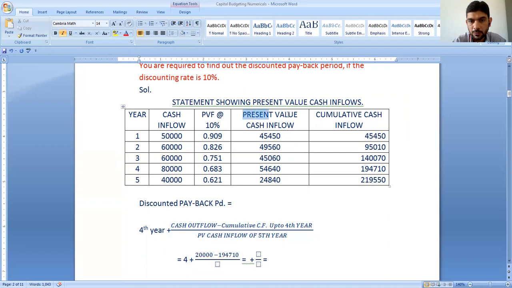For the fifth year we are having present value cash inflow, that is 24,840. 24,840 will be applied over here.